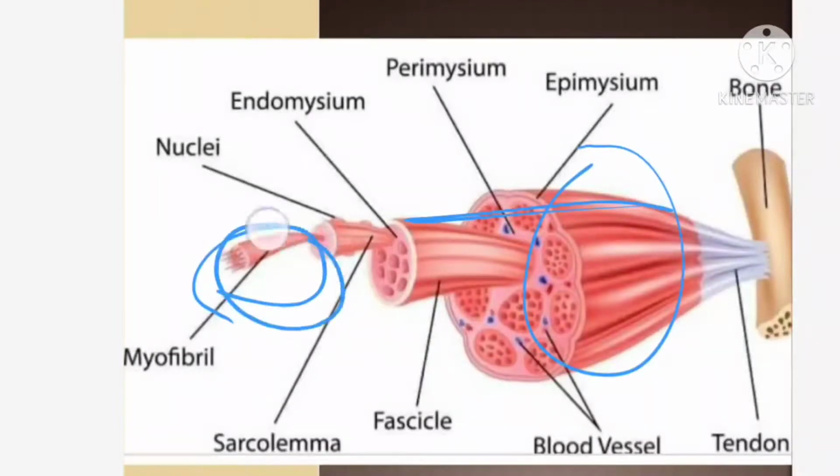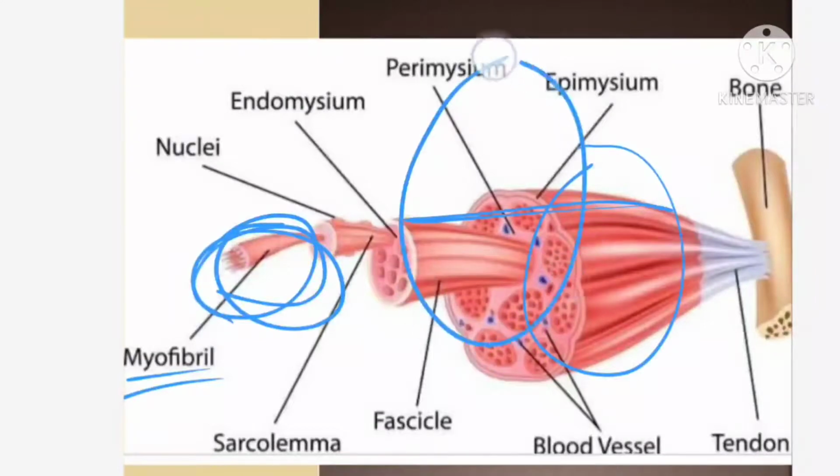Again, this is made up of other fibers, and like that the last, minute fiber will be there. That one we call the myofibril. We will be discussing in detail the structure of muscle tissue later in the chapter.